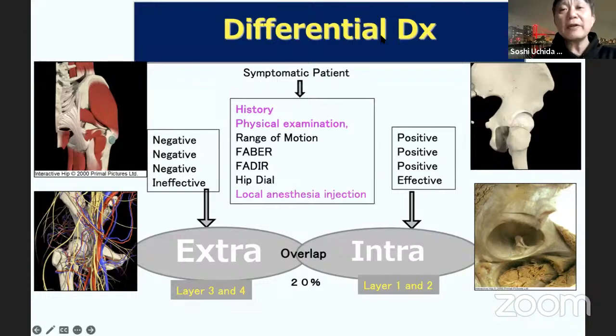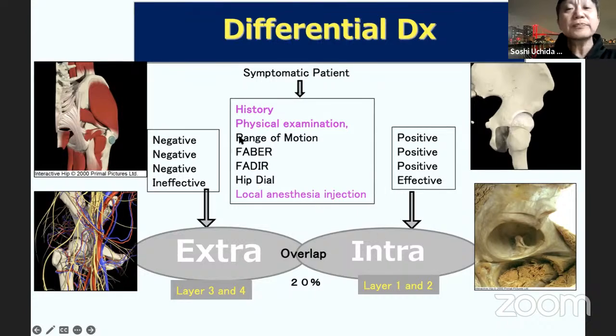So the differential diagnosis is really important to distinguish extra-articular and intra-articular pathologies. If the patient has a limited range of motion on physical examination, a positive FABER, FADIR and hip dial test, and the local anesthesia intra-articular injection is effective, we can consider those patients as having intra-articular pathology.